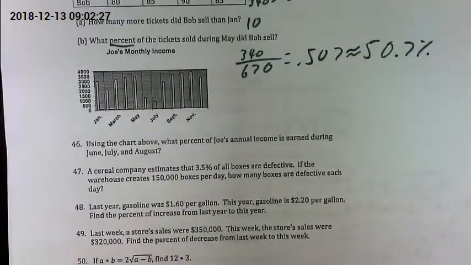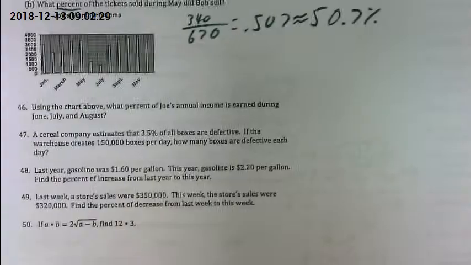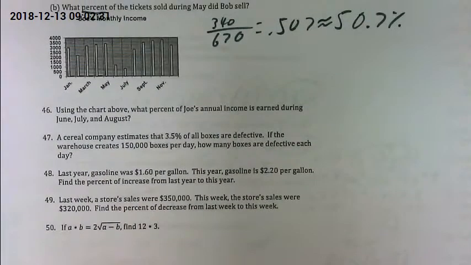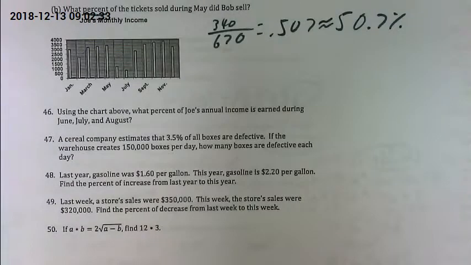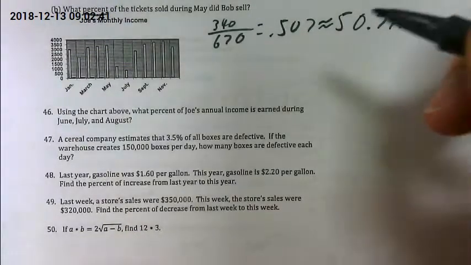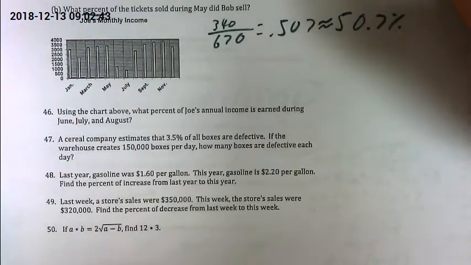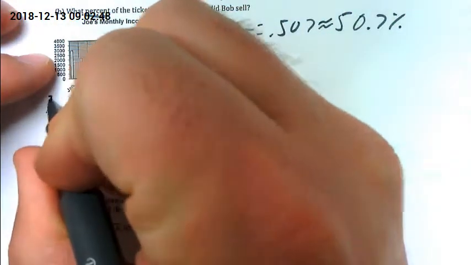All right, on number 46. Using the chart above, what percent of Joe's annual income is earned during June, July, and August? So, this one's a little hard to see. I would say that January looks like it says 3,000.